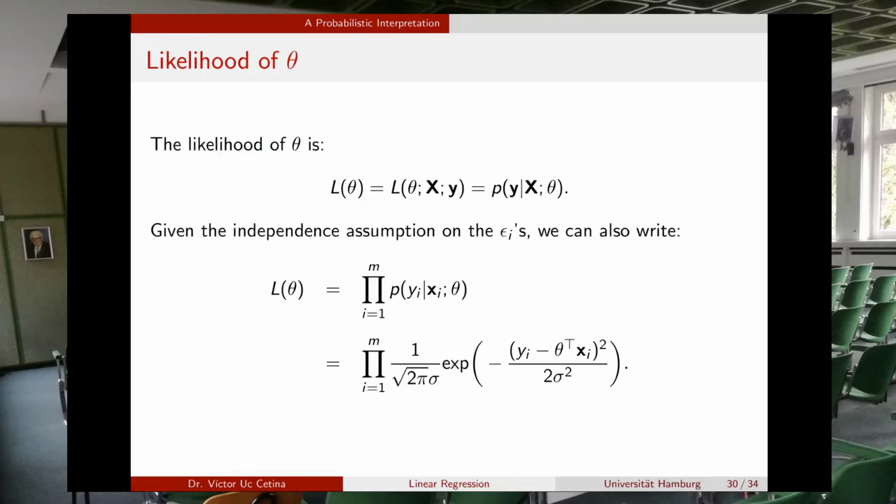Now, given a set of m points, what we want to do is to find the parameters that will allow the normal distribution to fit the data as much as possible. So we are looking for the parameters theta that best explain the observations that we have, the data that we have.